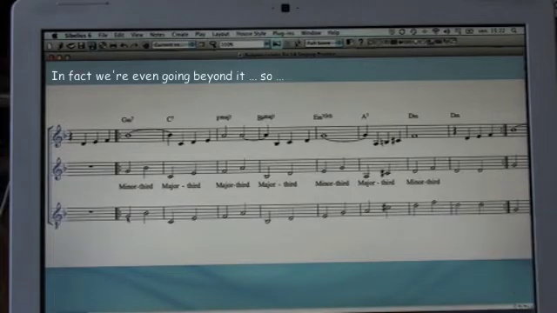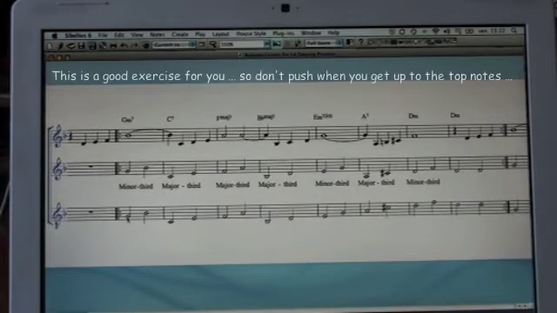In fact, we're even going beyond it. So this is a good exercise for you. So don't push when you get up to the top notes. First of all, the girls, and then the men.